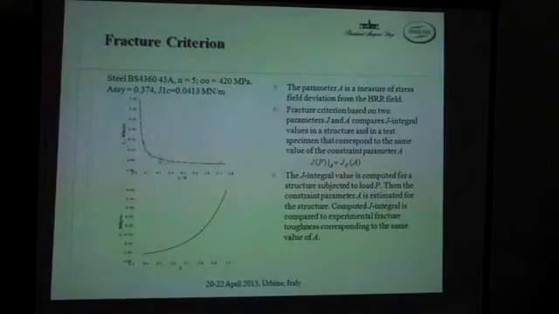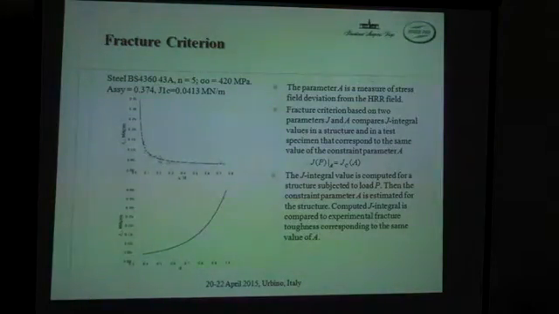So now I would like to talk about the fracture criterion in elastic-plastic fracture mechanics, I mean the two-parameter fracture mechanics approach. The parameter A is a measure of stress field deviation from the HRR field.